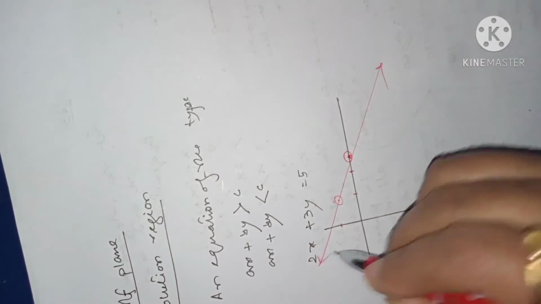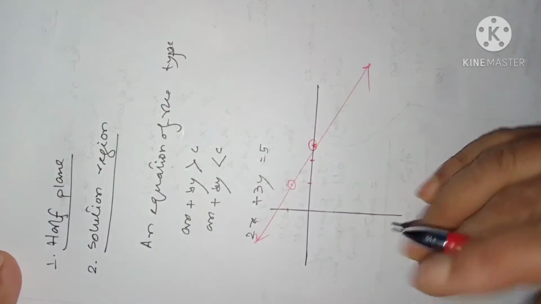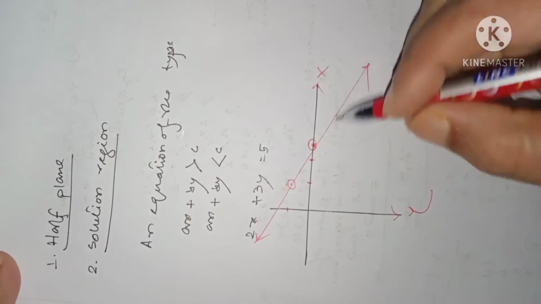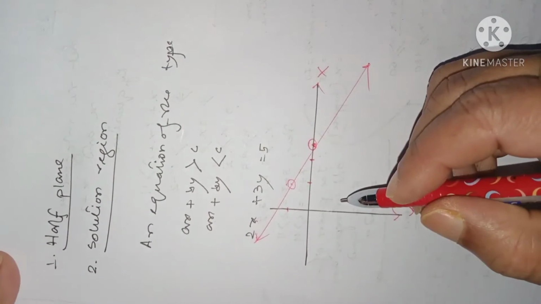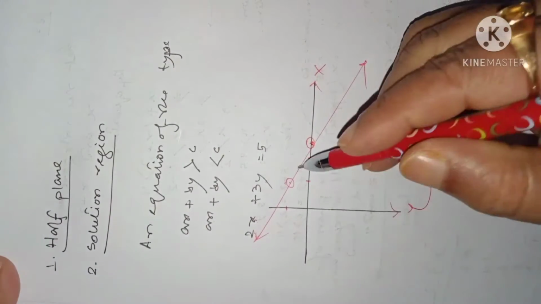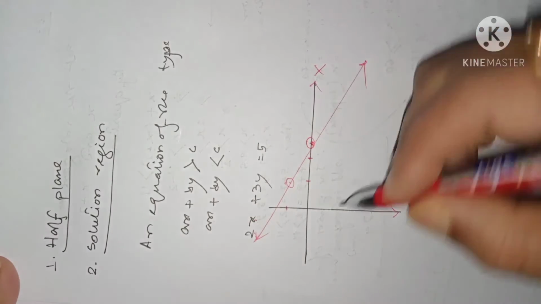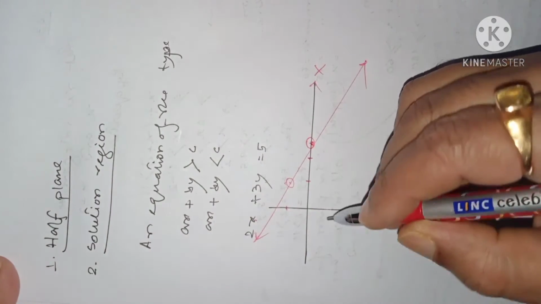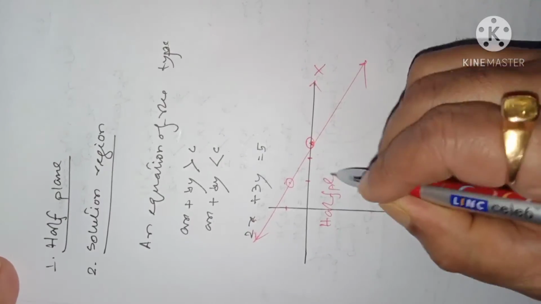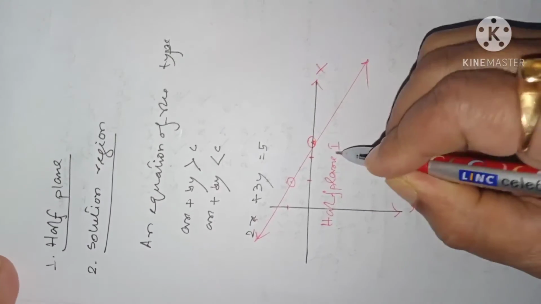As we draw the straight line, the whole plane, this Cartesian plane, gets divided into two parts. One is the lower part of this straight line, and one is the upper part. This lower portion is called half plane 1, the lower half plane.